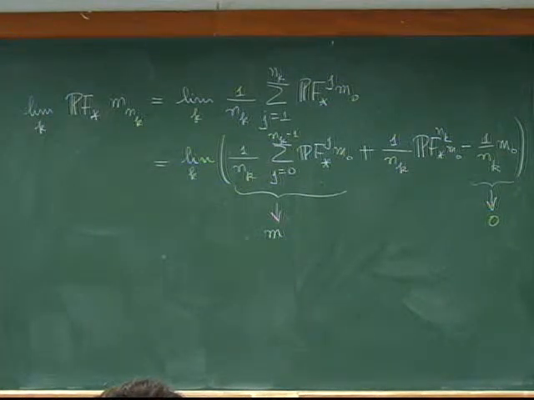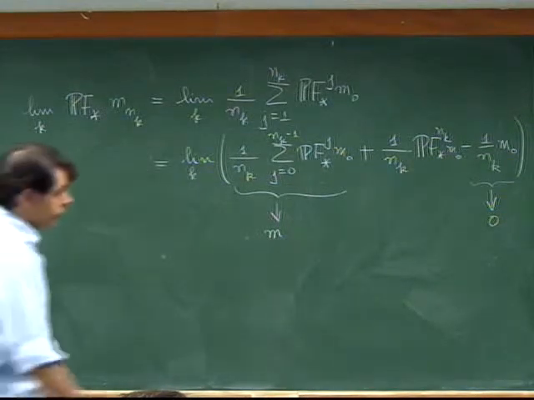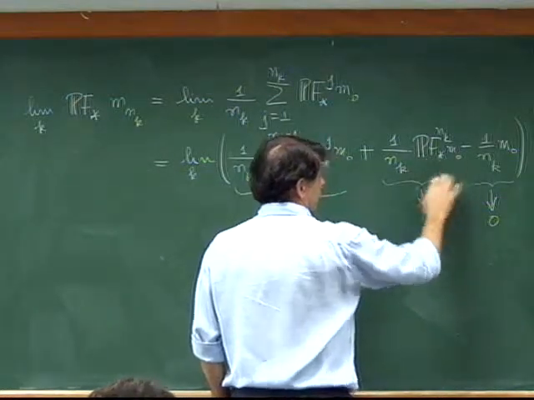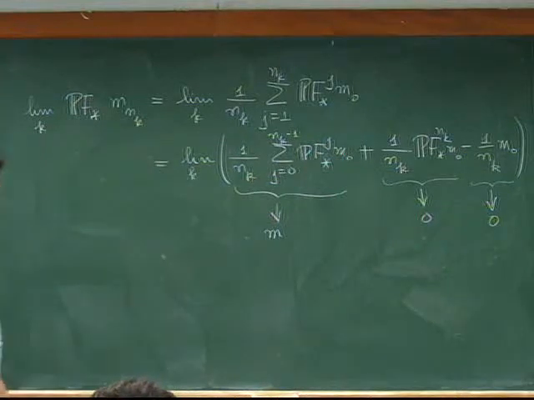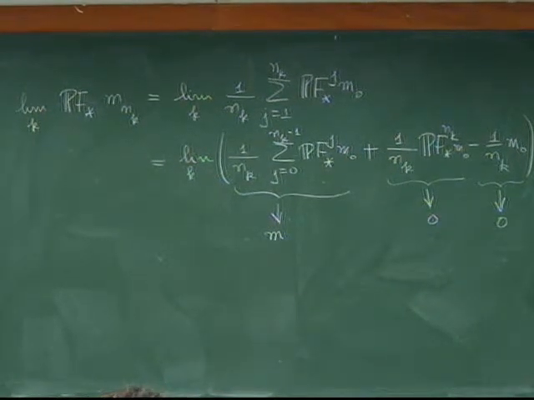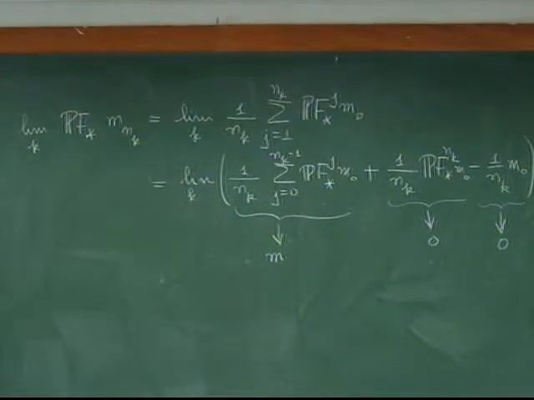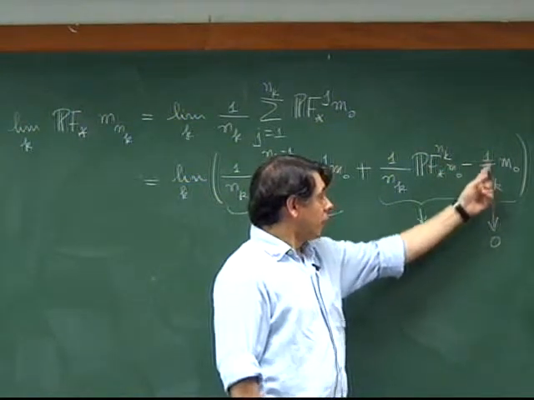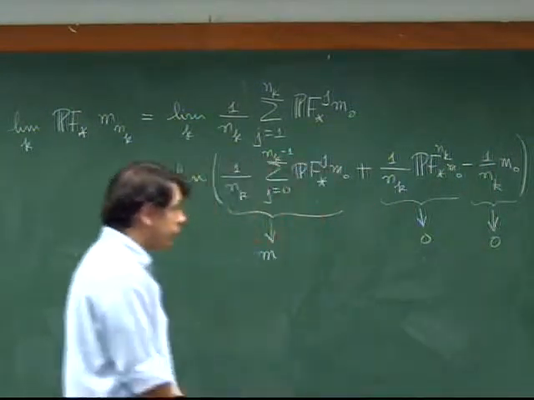Always meaning that if you take integrals of continuous bounded functions, that will converge to 0. And this also converges to 0, for the same reason, because this is a probability. This is not a very rigorous way of saying it, but you write down the integrals and you check that what I'm saying is correct. Both are probability measures, this one and this one. You are dividing by a variable that goes to infinity, so this goes to the zero measure.